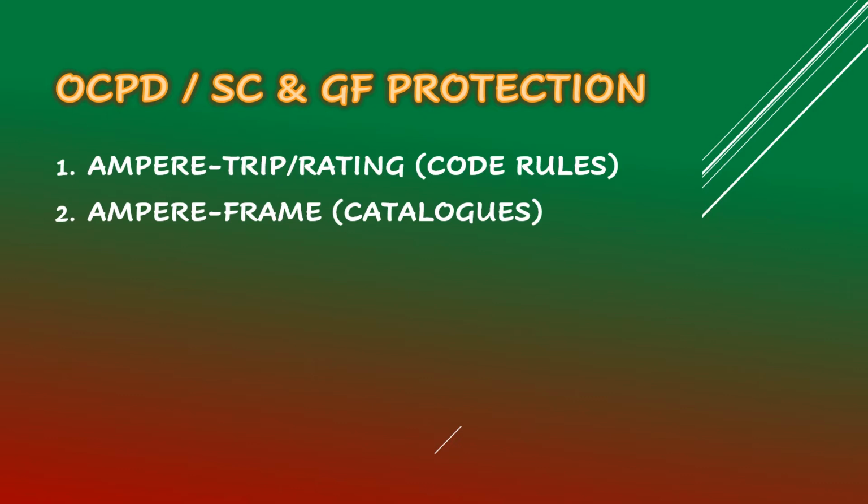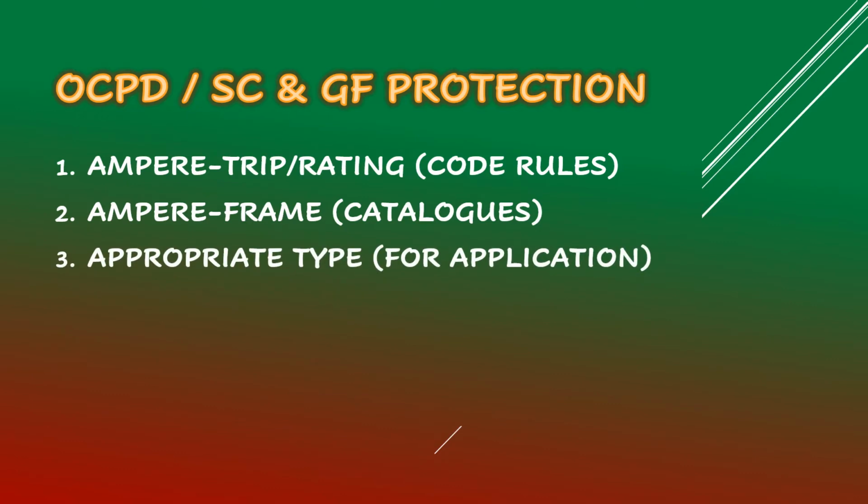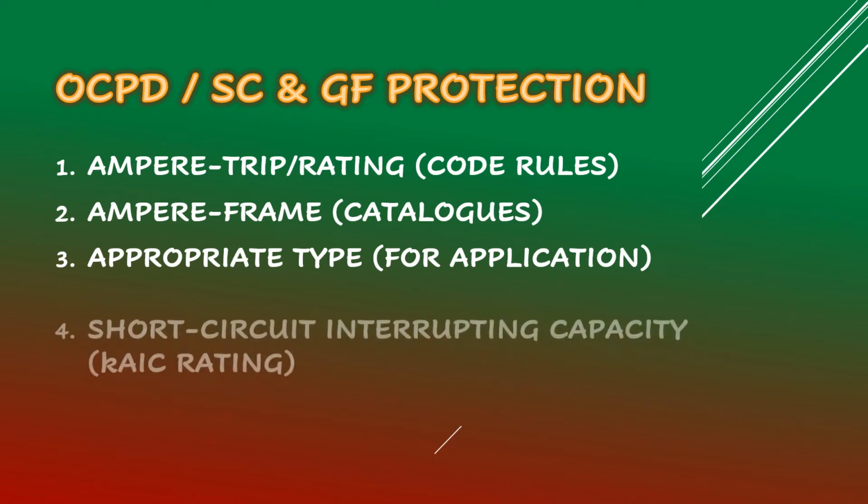Ampere frame can be taken from product catalogs. Number 3, we also have to determine the appropriate type of circuit breaker or short circuit and ground fault protection. This also depends on the application.